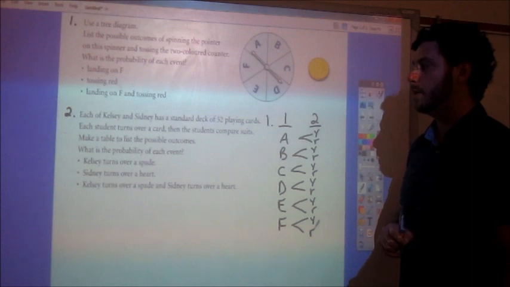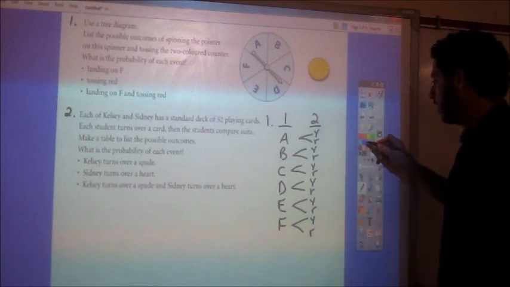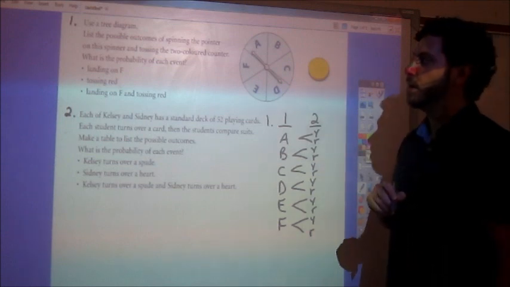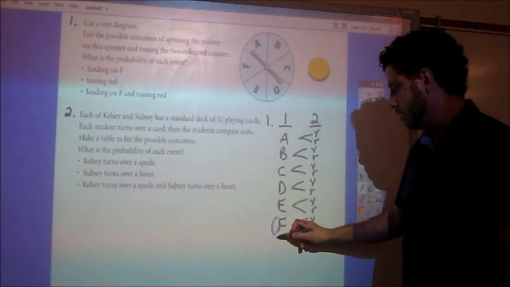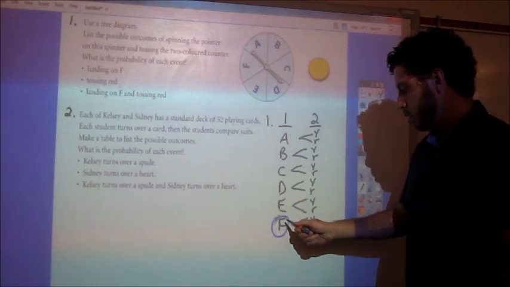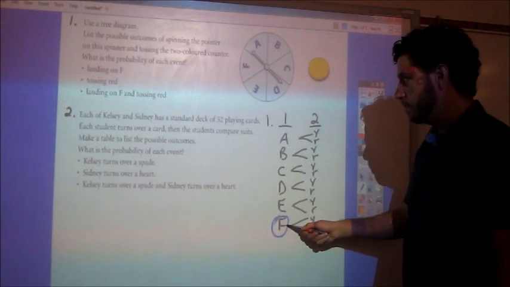Now, what we can do is determine the probability of each event. So the probability of the spinner landing on F is 1 out of 6 possible outcomes.